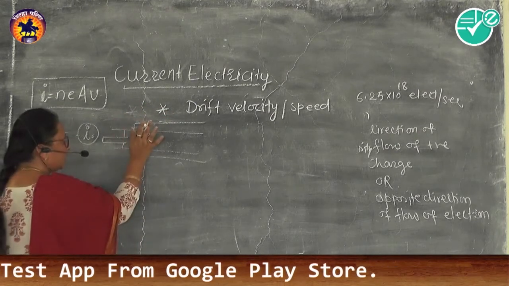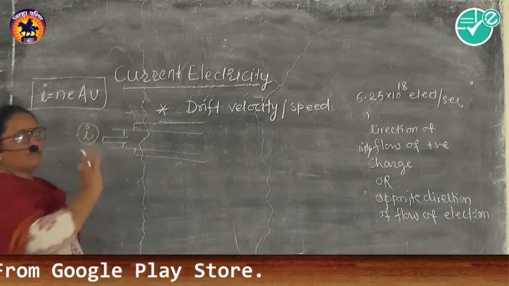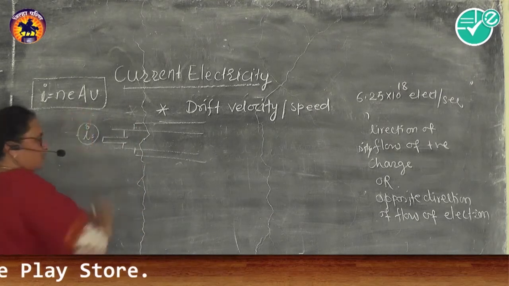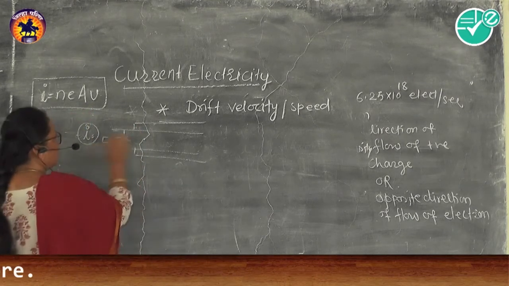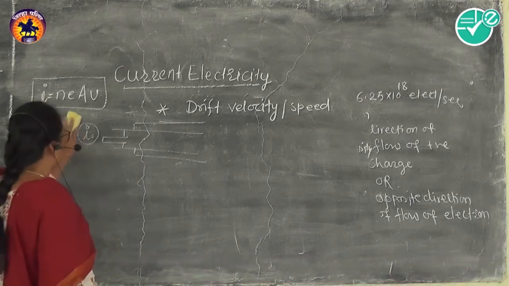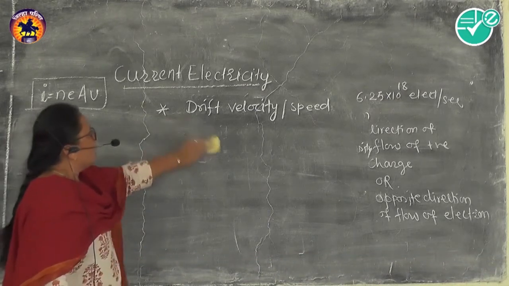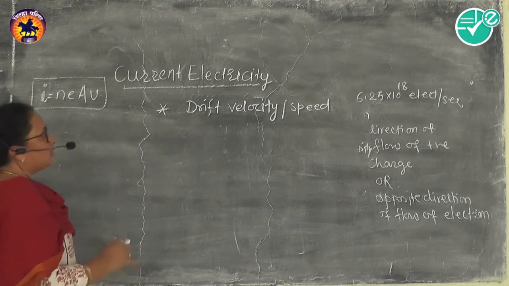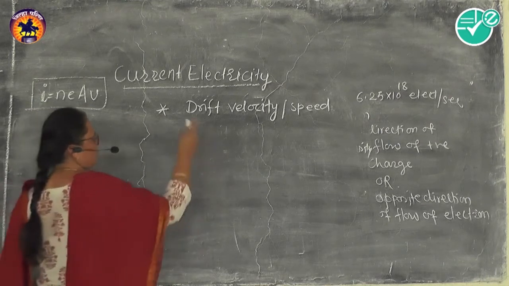For a given conductor and a given applied potential, the value of current remains constant, meaning it does not depend on area of cross section. Similarly, now we have to think about this drift speed or drift velocity.